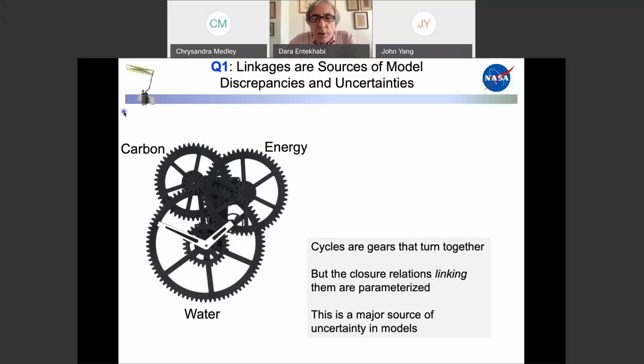But these closures are parameterized, and there's no benchmark data set or performance that they were required to adhere to in different Earth system modeling centers. So each one is different, and therefore this is a major source of uncertainty in climate models.